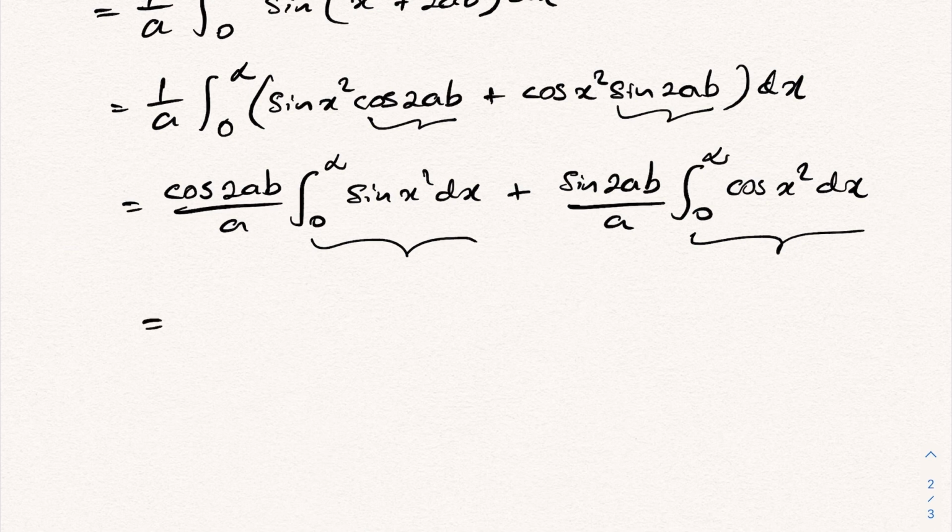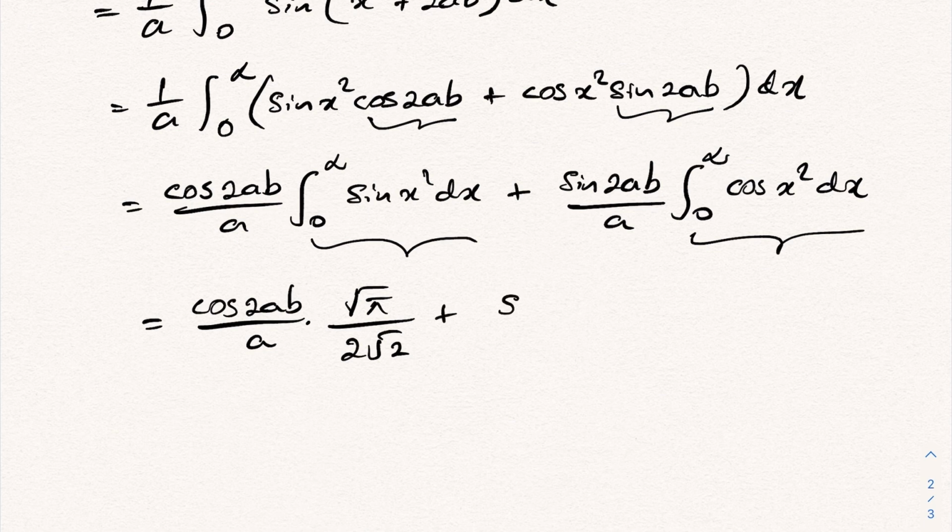So we can write cosine of 2ab over a times square root of pi over 2 times square root of 2, plus sine of 2ab over a times square root of pi over 2 times square root of 2.